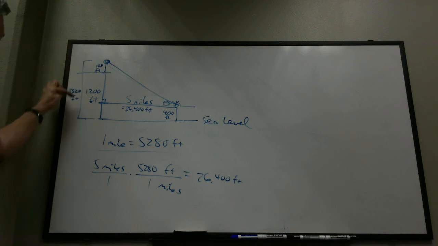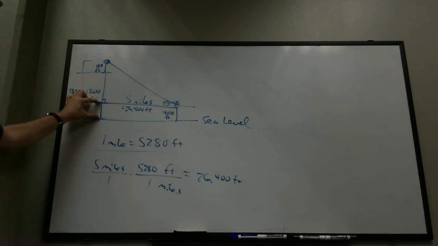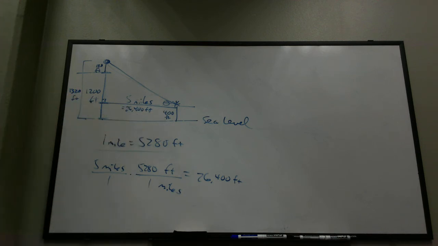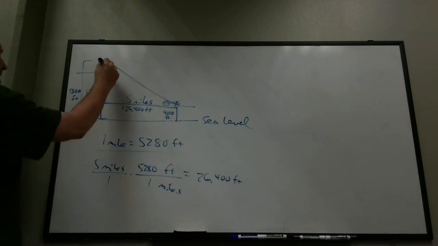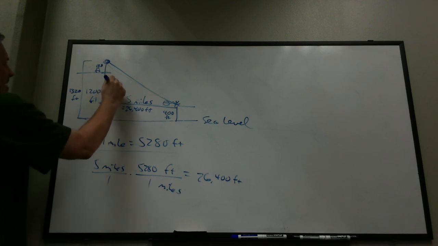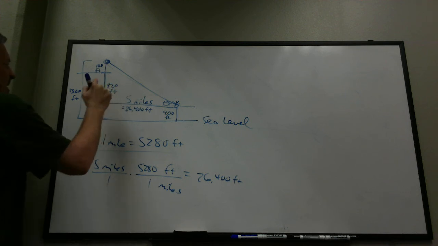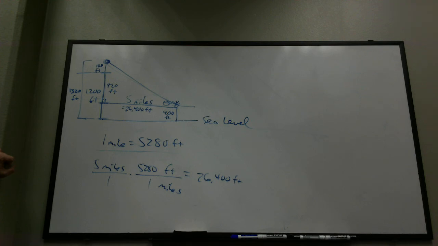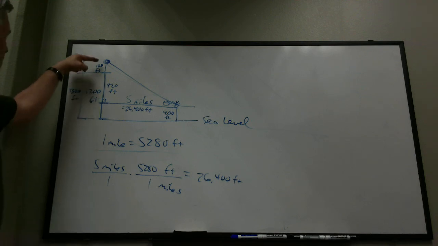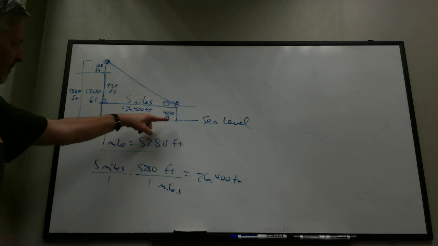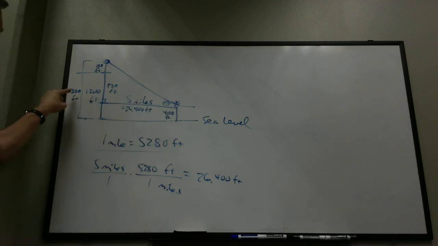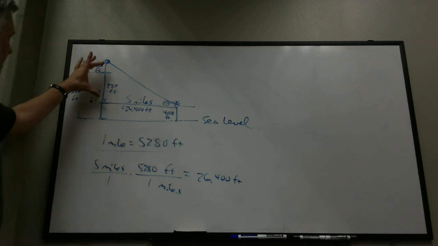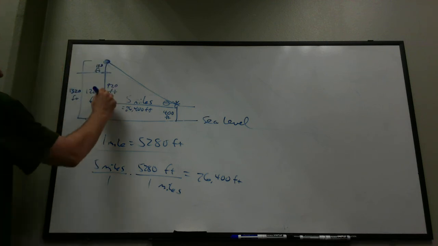So to get the distance from here to here, it's 1,320 feet minus the 400 feet, which is 920 feet. So from here to here is 920 feet. Goodness, there's a lot going on in this problem. So 1,320 minus 400 is the 920. So that's this triangle here.